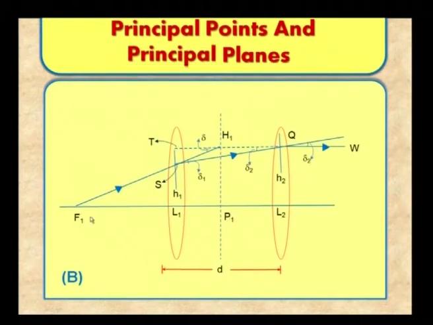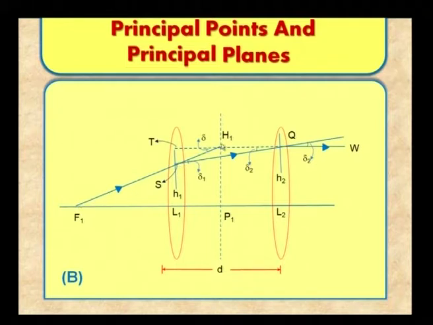So, you have the object here, and F1 is a point from which the light ray comes. It is incident on the first lens. It makes an angle of deviation delta 1 here, and then you have delta 2. So, the light coming from F1 suffers deviation.